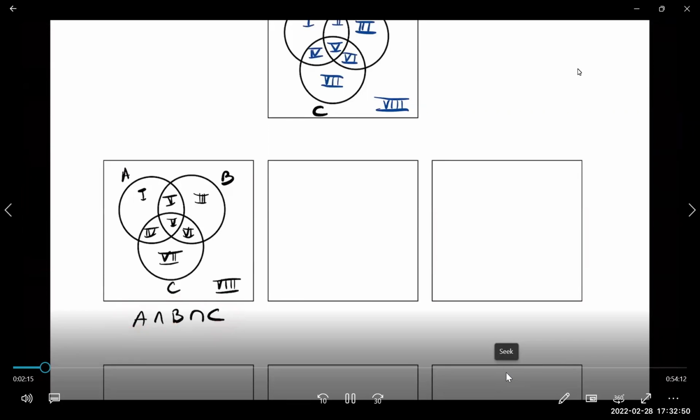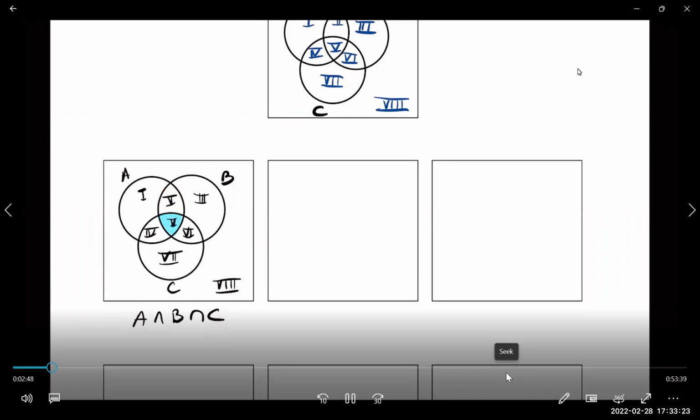Careful, because they want the intersection of all 3. So it's just going to be 5. Because 5 includes all 3 sets. So that's the only region that would include all of them. So I'm just going to highlight that one. There it is. So that would be the intersection of sets A, B, and C.